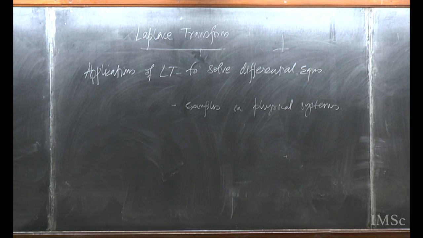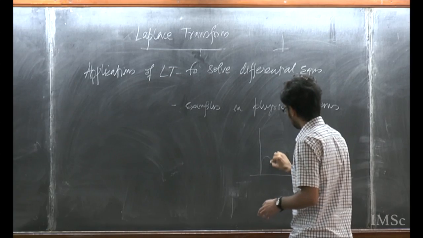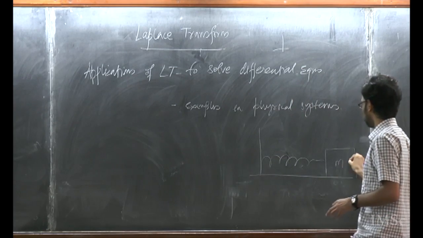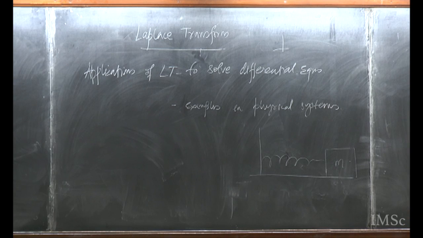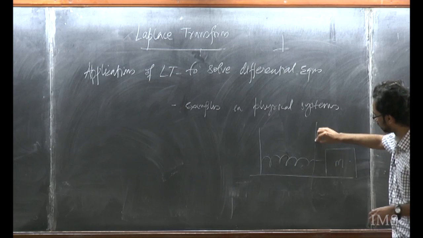So probably you know that many physical theories have differential equations as their model. For example, just the simplest example of a spring, and a mass attached to the spring, what is the differential equation which governs the displacement?